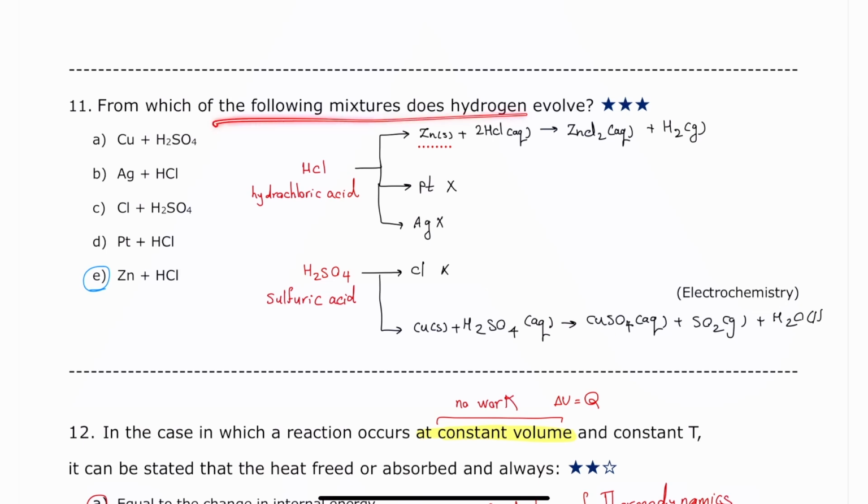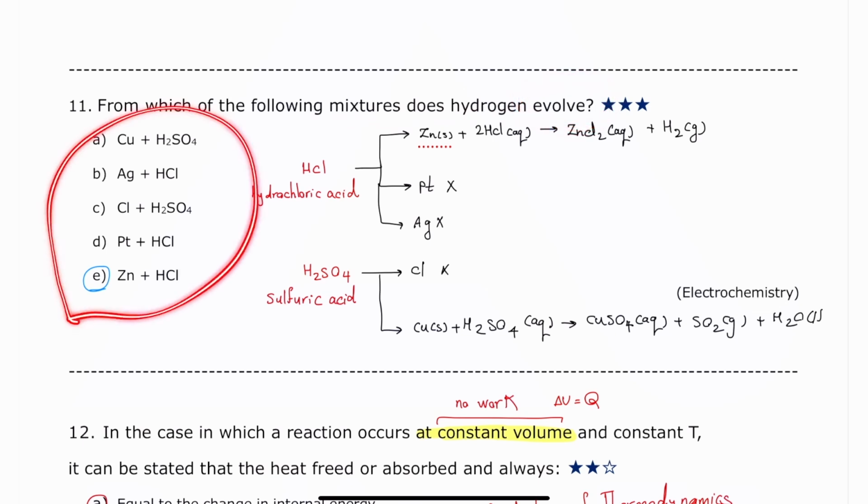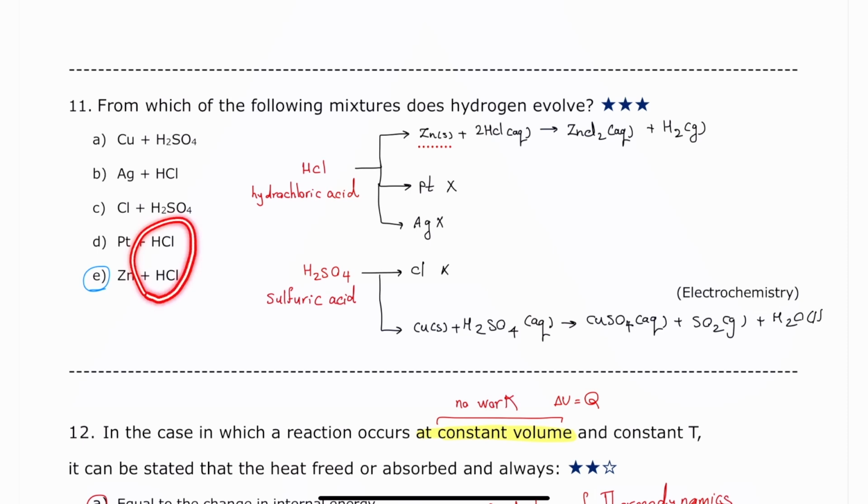Okay, from which of the following mixtures does hydrogen evolve? We want to see from which of these reactions we would get hydrogen in the product. As you observe, we have hydrochloric acid and sulfuric acid, and the others here are metals.